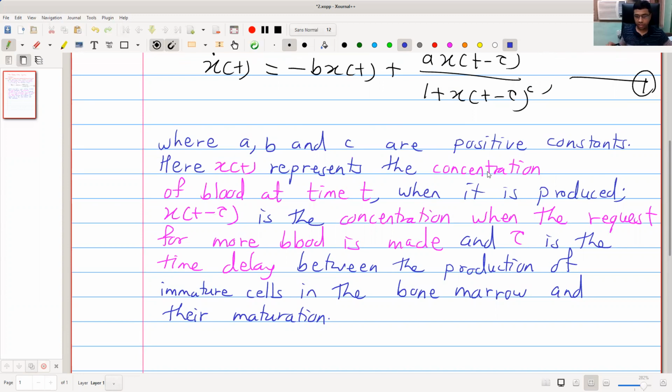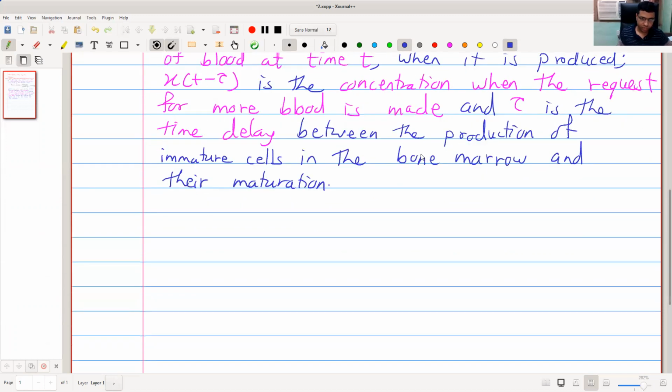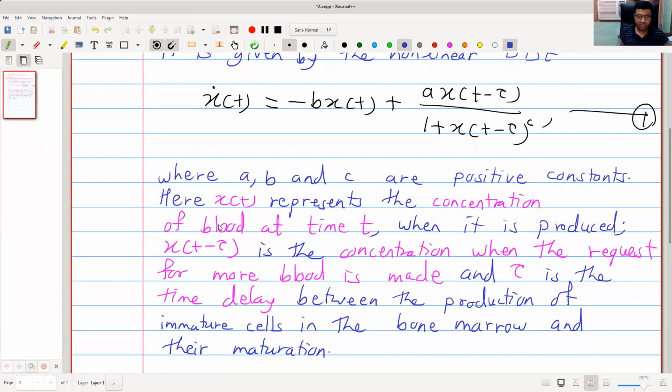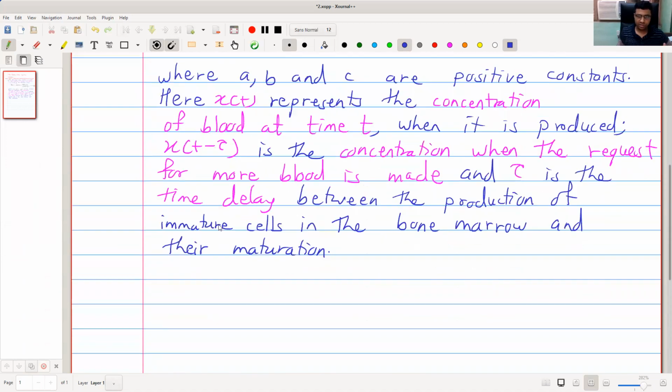If tau is even larger, then this model shows that x of t will be chaotic, means oscillations that are not periodic. Okay, so that is a very bad condition in the patient. So these mathematical models represent physiology. So let us note down this thing and then move to analysis. Okay, so this is the model description.